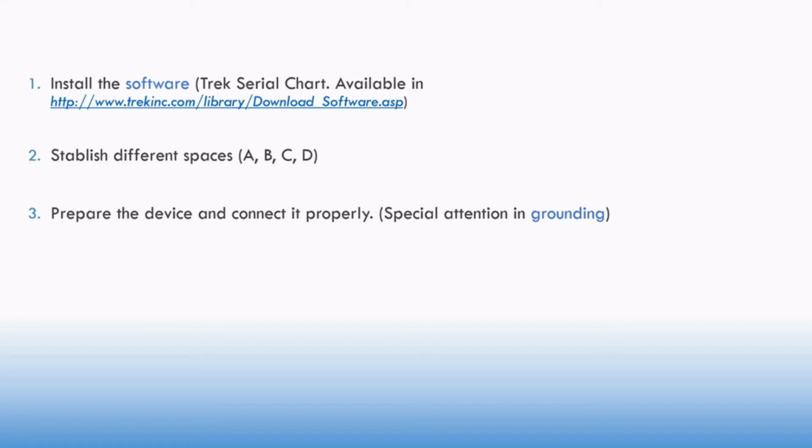We have to pay attention to grounding to ensure correct values. Fourth, we have to determine the movements that we are going to repeat in each case in order to facilitate the comparison. And fifth, just start measuring.